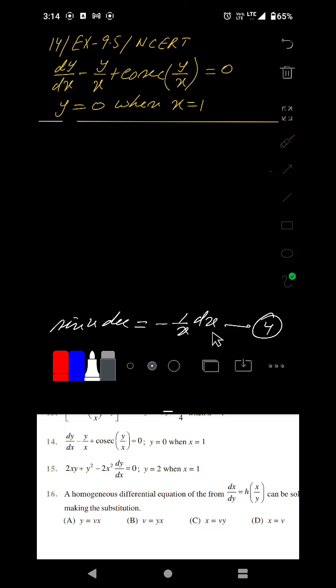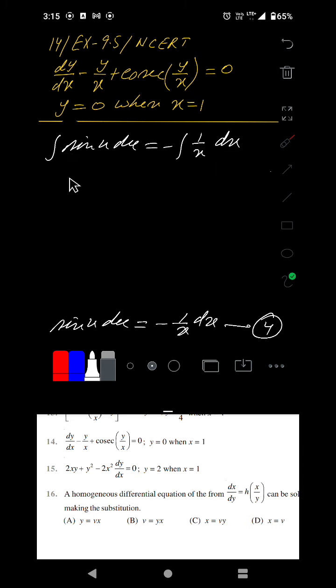Now proceeding from this equation, we may integrate both sides because this is the variable separable form. So integrating both sides, integral sine u du is equal to minus integral 1 over x dx.